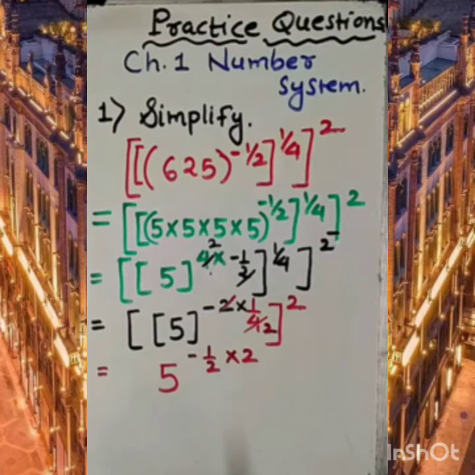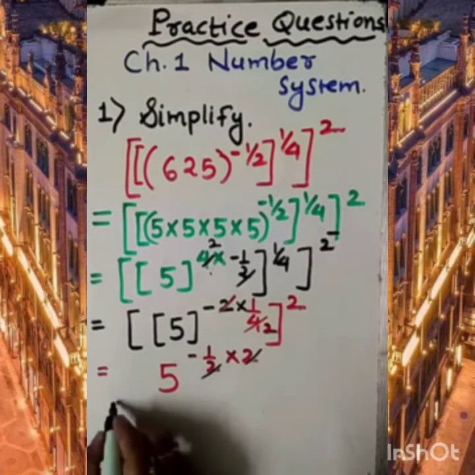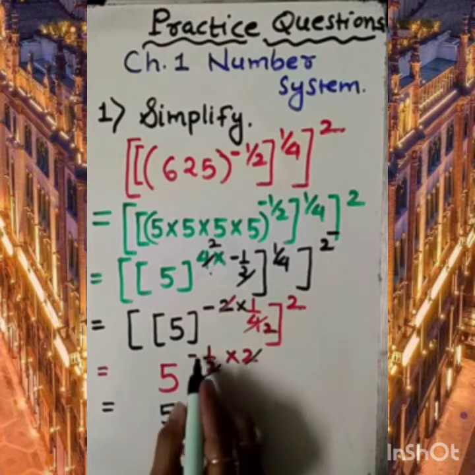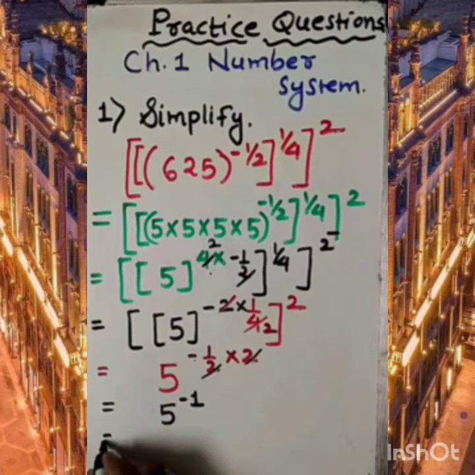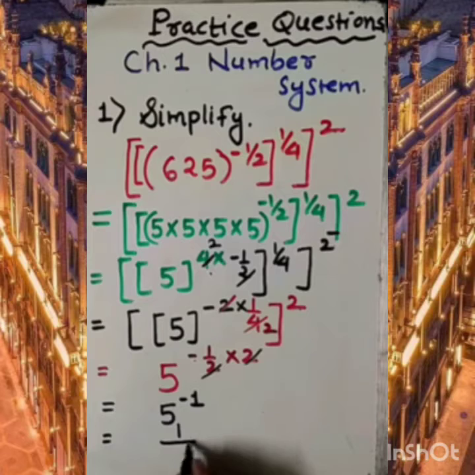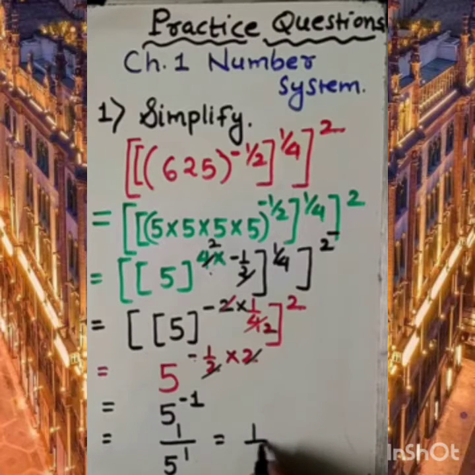What should we do? 2 will be cancelled. So 5 will have minus 1 power. We can write this as 1 upon 5 to the power 1, that is, the answer is 1 by 5. This is the complete solution.